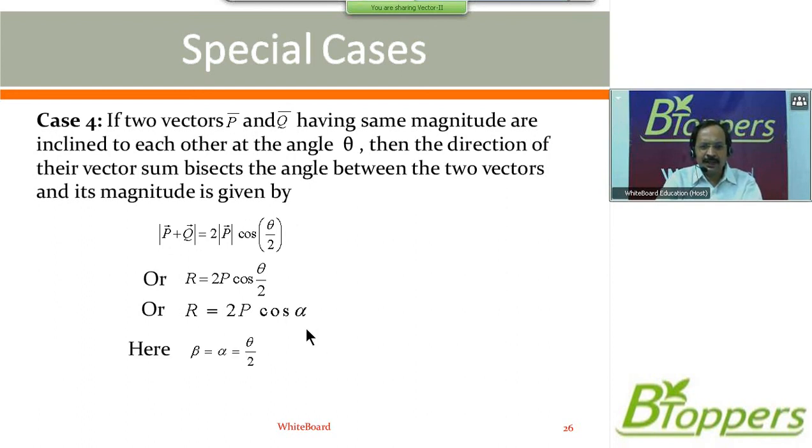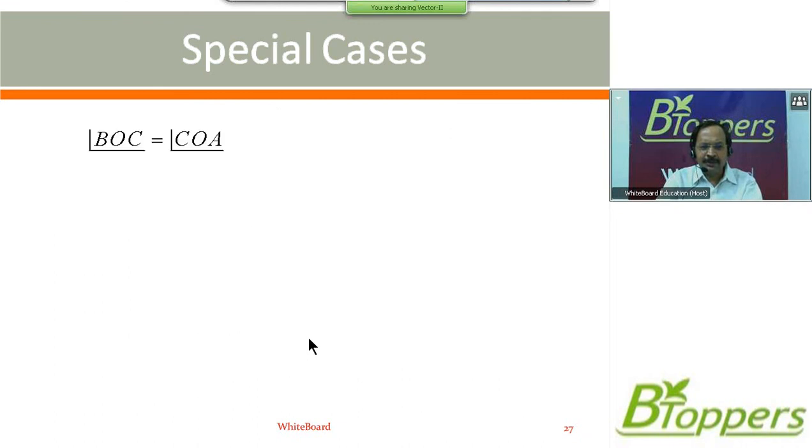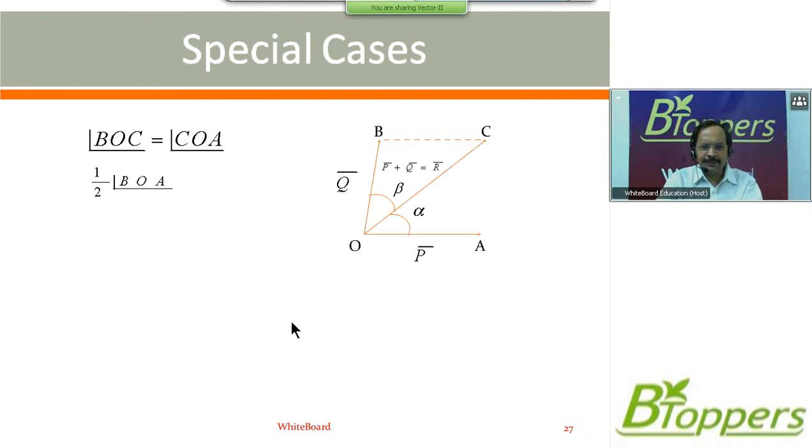Here alpha is the angle made by the resultant with the first vector P bar. Beta is the angle made by the resultant with second vector Q bar.